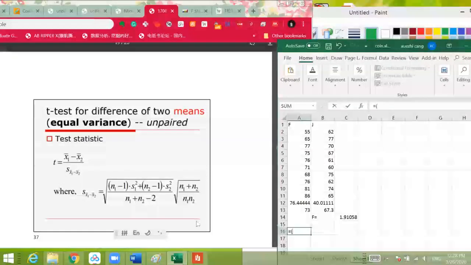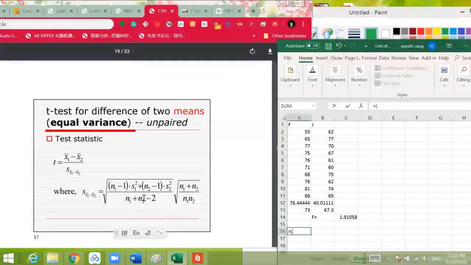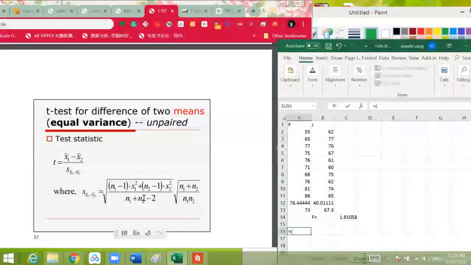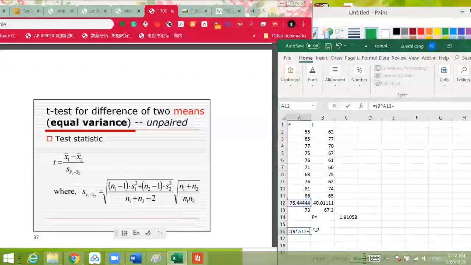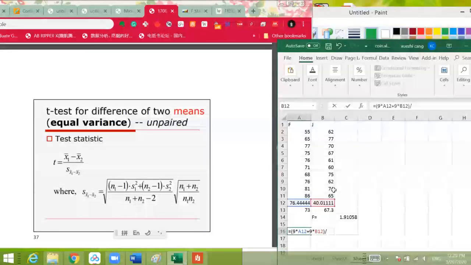It's just our n1 is 10, 10 minus 1 is 9, 9 times the variance of group 1, plus n2 minus 1, n2 is 10, 10 minus 1 is 9, 9 times the variance of group 2, right? Divided by n1 plus n2 minus 2, which is 10 plus 10 minus 2 is 18.